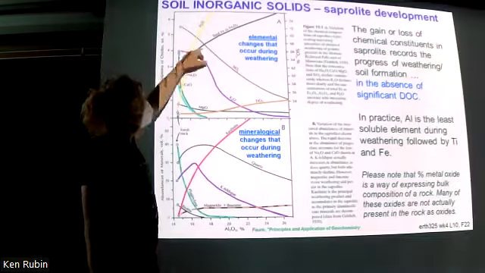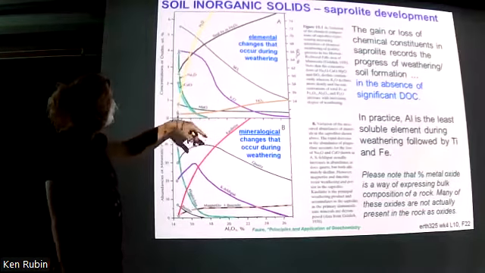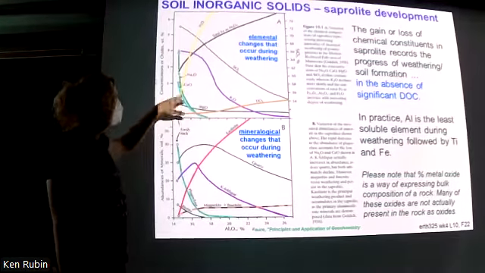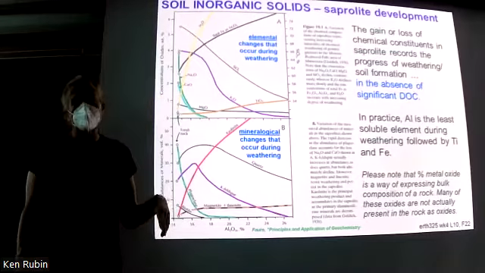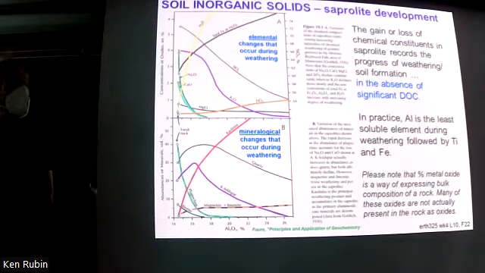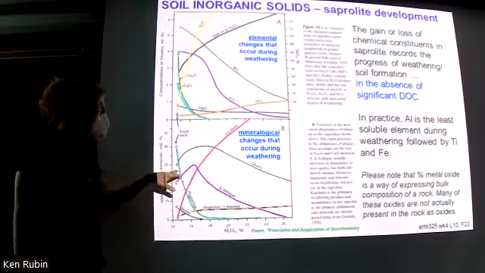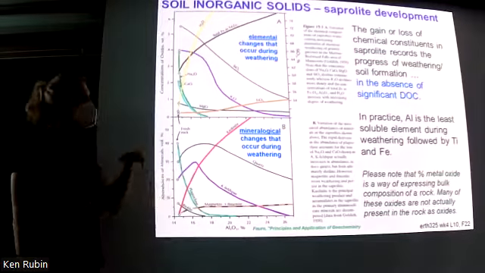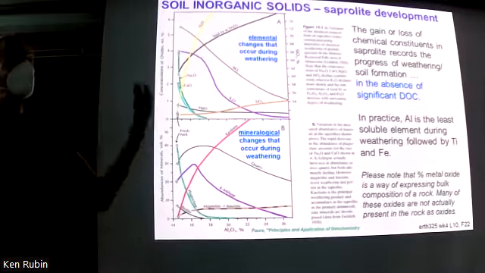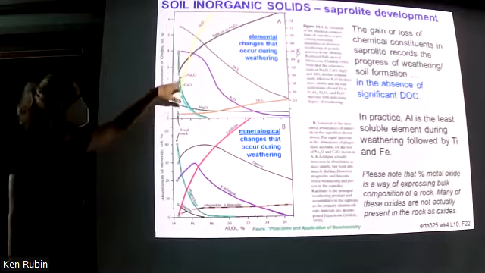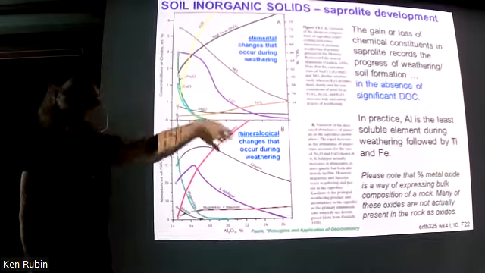We see silicon going down, we see potassium going down. It goes down much more slowly than sodium and calcium. It's like, well, why is that? Well, because the potassium is mostly held in minerals like potassium feldspar and in micas, which break down more slowly in those conditions than plagioclase feldspar. So the potassium hangs around longer.